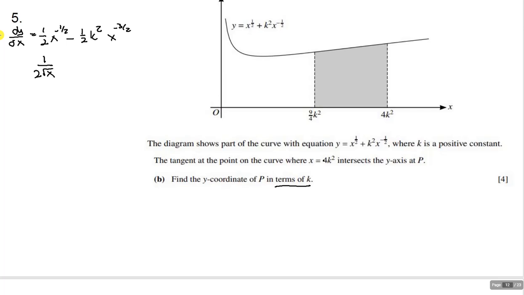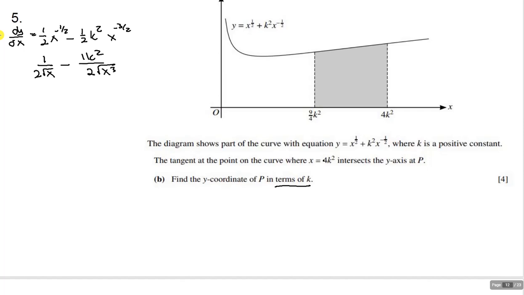And then this, again, it's minus, the 1 will stay on the top, the k squared will stay on the top, the 2 will be on the bottom, and then the x, this is going to be that x to the third square rooted. So it looks like this, okay?